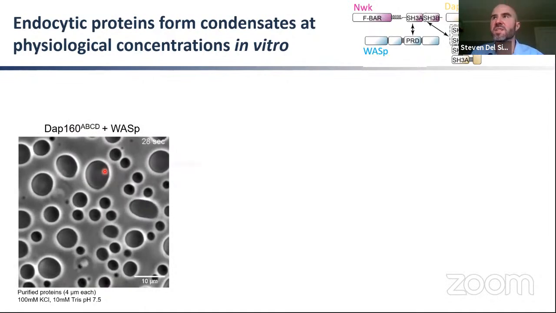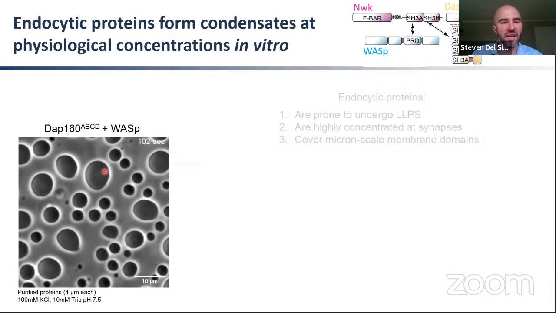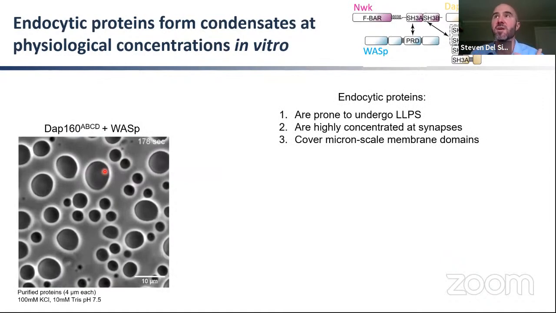There are a few reasons why we're particularly interested in this, either as a potential mechanistic explanation of this reticulum, or at least as a model system to study its formation. Some of the features here are that these endocytic proteins, both from our work and other people's work, have been shown to be prone to undergo liquid-liquid phase separation, and this is based on the nature of the physical interaction between them.